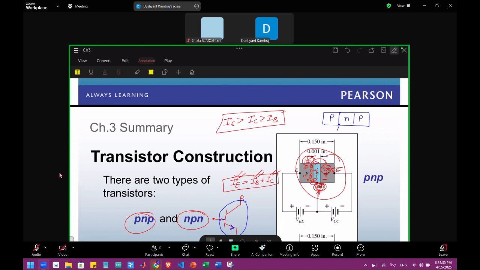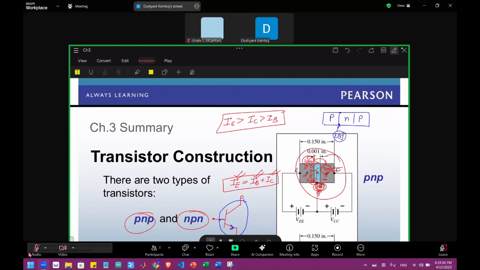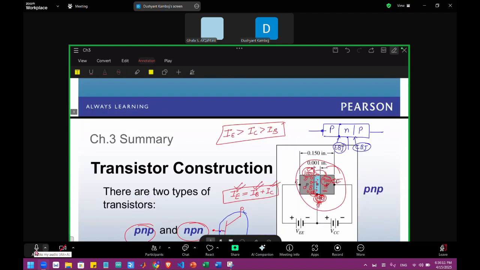And this first PN junction represents the emitter base junction. Right, Gala? The second PN junction represents the collector base junction. So there are two PN junctions inside this one. So basically, this first PN junction can work like a diode, because inside the diode we have two regions, P region and N region, right?